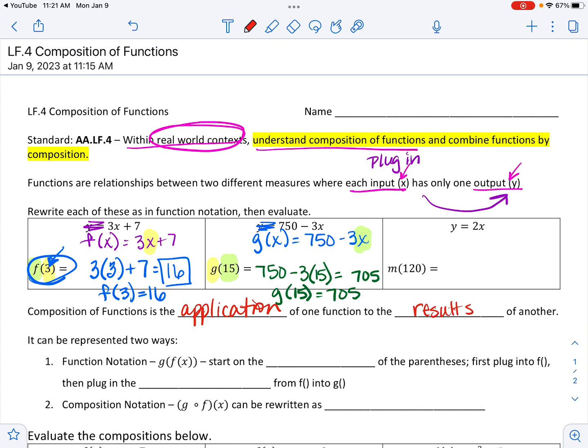Basically, we're going to find the answer to one and plug it into the other. That's what it means to do a composition of functions. You find the answer of one and then plug that answer into the other equation.